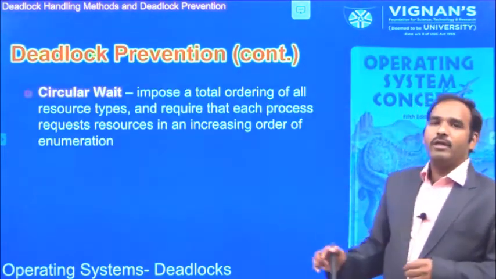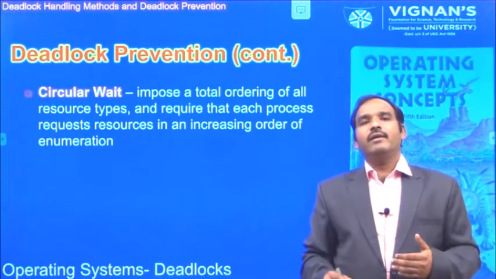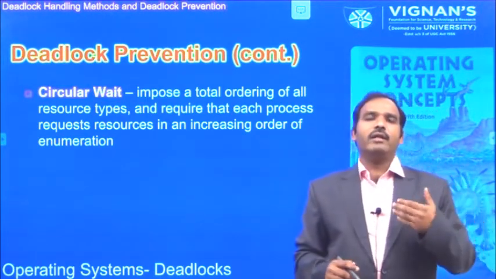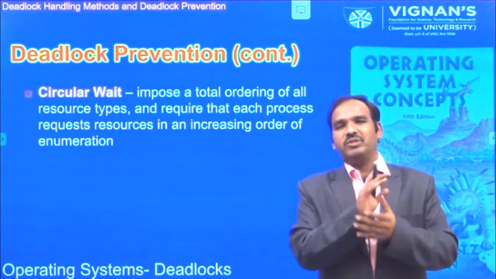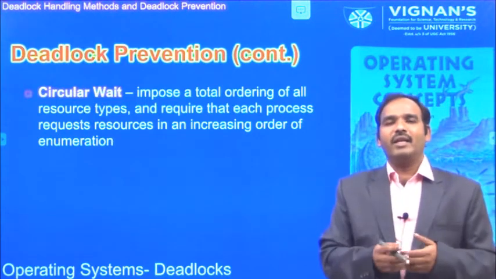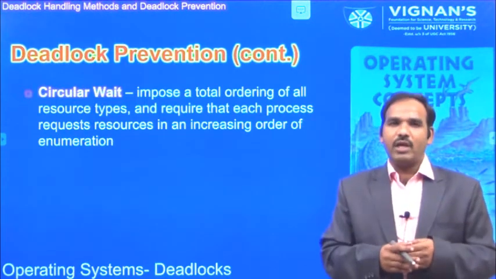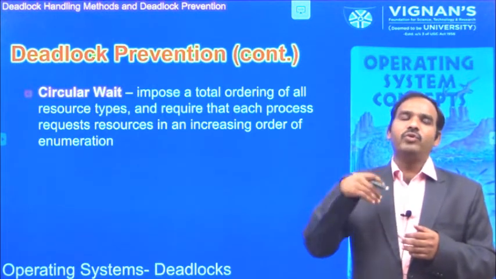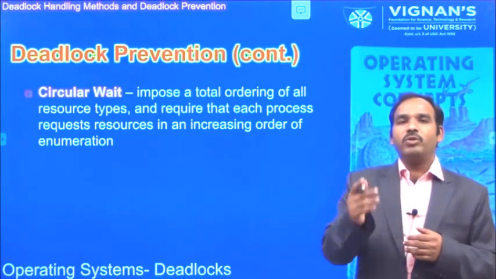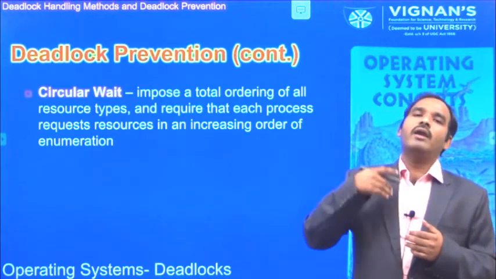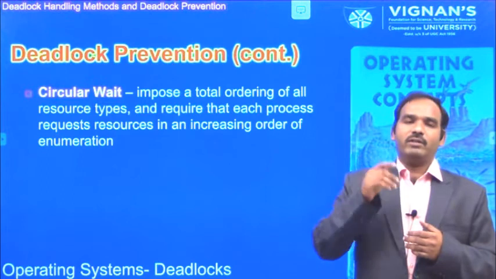How is it possible? First assign unique integers, unique numbers, to all the resources. If you assign numeric numbers to all the resources, and any process requests a new resource, that resource number must be greater than the resources already held by that process.